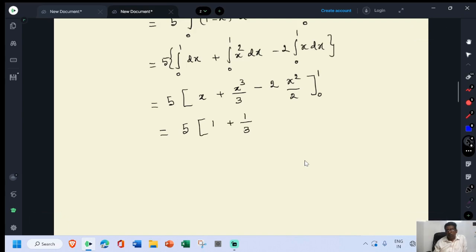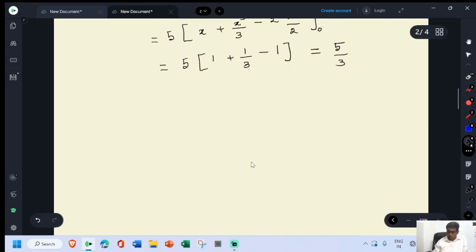Then 2 gets cancelled. Minus 1 square is 1. This is equal to 5 by 3. 1 minus 1 is 0. 5 into 1 by 3, 5 by 3. Therefore, integral of (dou n by dou x minus dou m by dou y) dx dy is equal to 5 by 3.